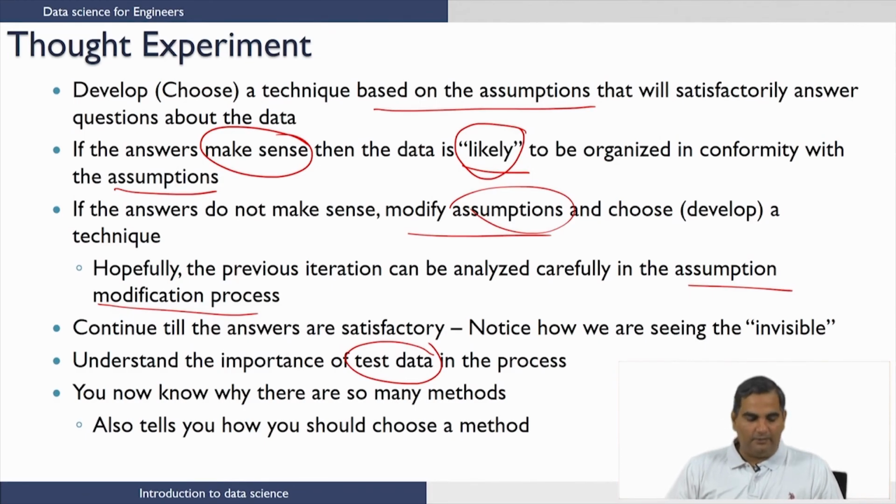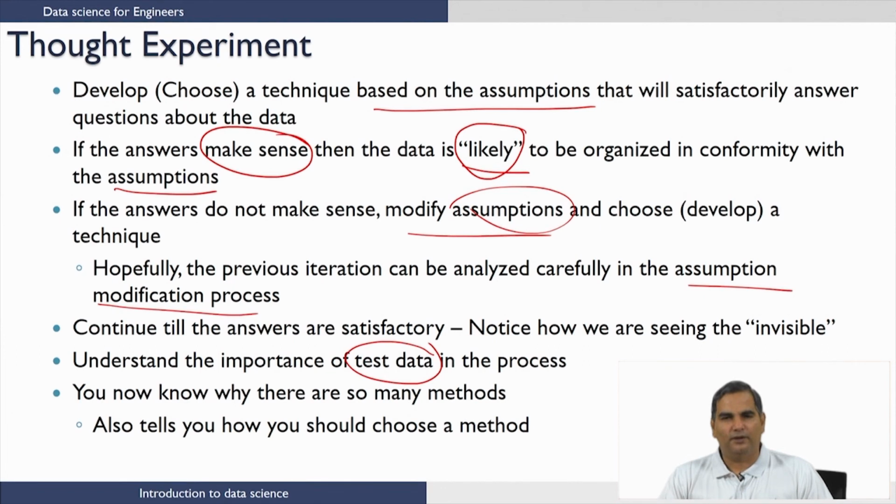Now, ultimately what I want to point out is the following. Now, we have an answer for why there are so many methods. There are many types of assumptions that you could make, and based on the assumptions, you could come up with techniques which would work very well if those assumptions were true or the data was organized in a way the algorithm assumes it is organized.